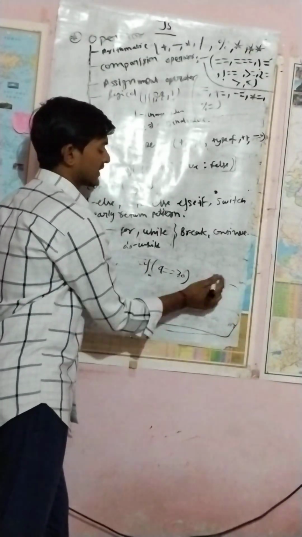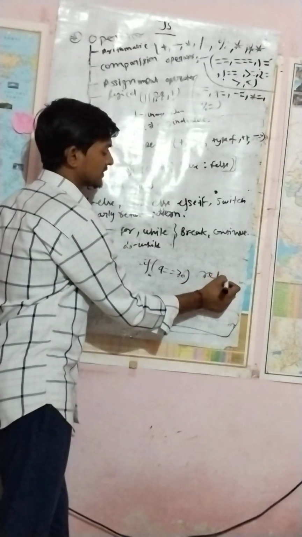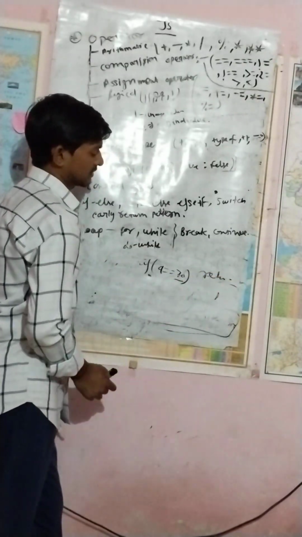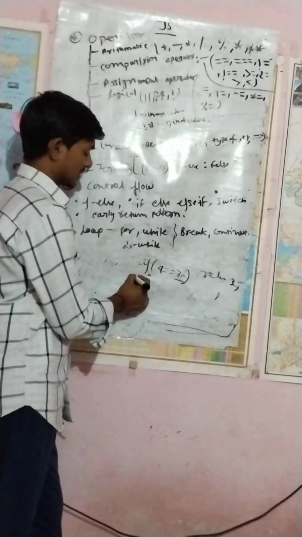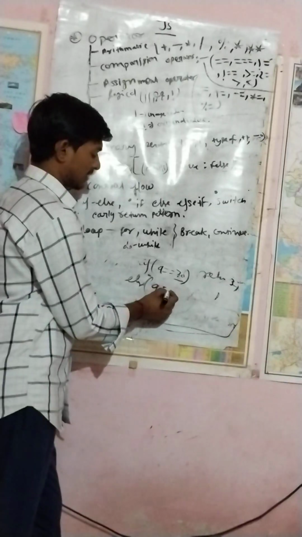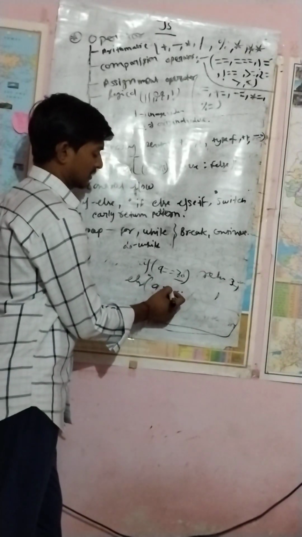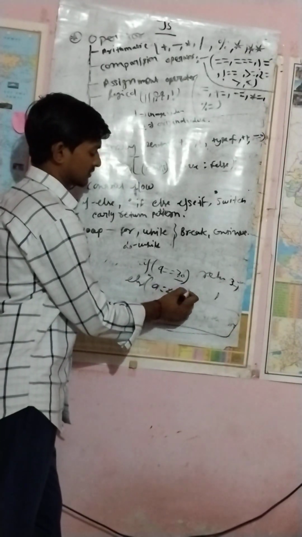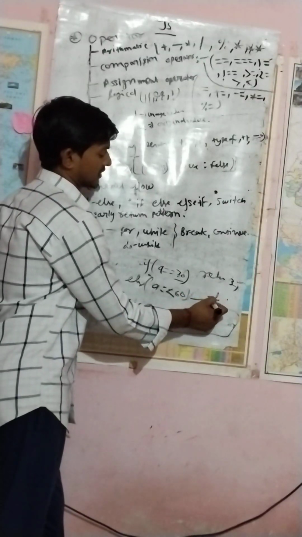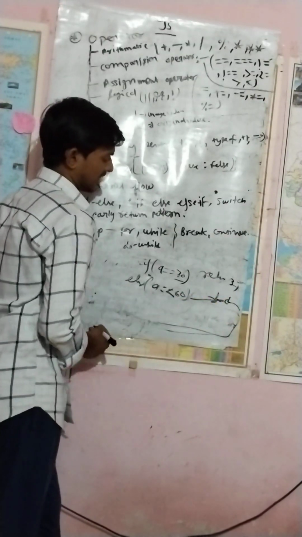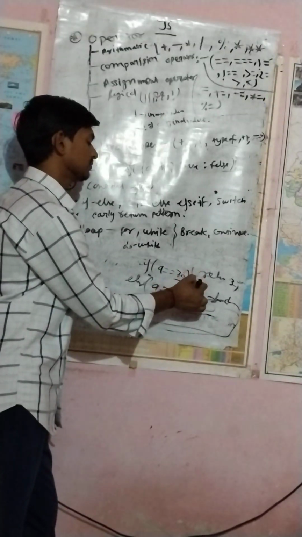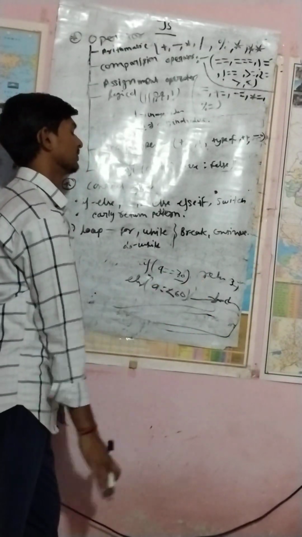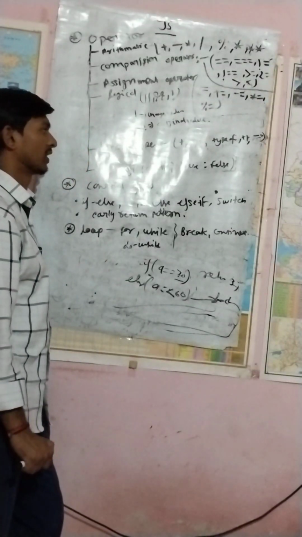Instead of writing that code, you can directly use return. If it is 17, it means B grade, so return b. Else if a is less than or equal to 60, return c. Whatever message you want to write, you can directly return it.